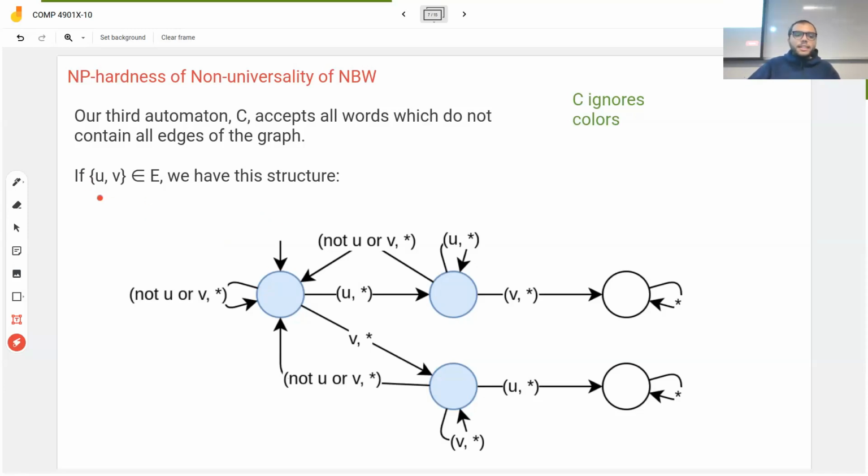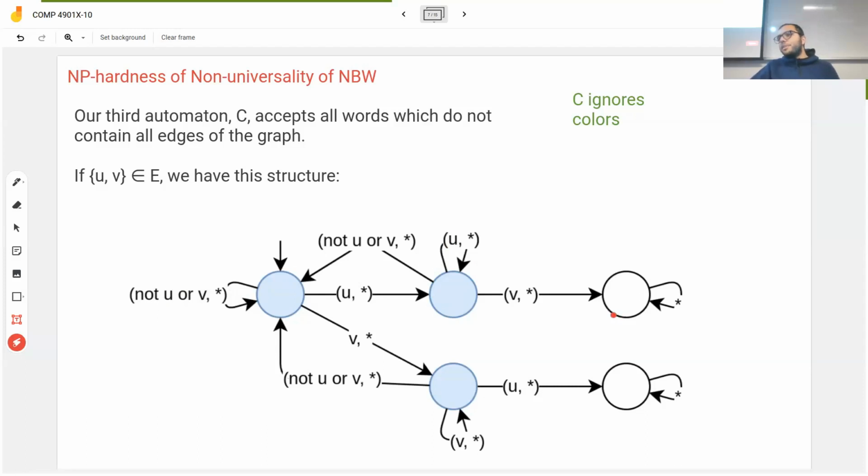So let's say I want to create an NBW that accepts every path that does not have UV or VU in it. So look at this. It starts here, and as long as the thing that we are reading is neither U or V, it remains here. And if it reads a U, it will go to this state, and it will remain there as long as it reads a U. And if it reads a V, it will go here.